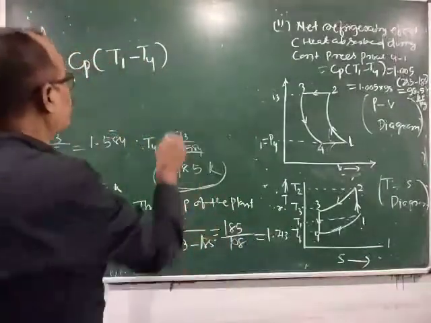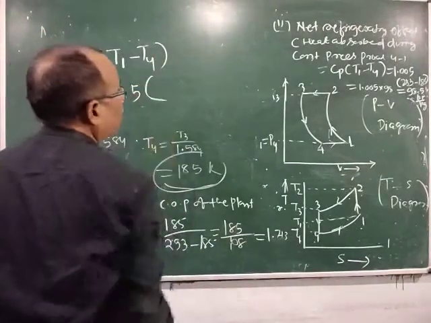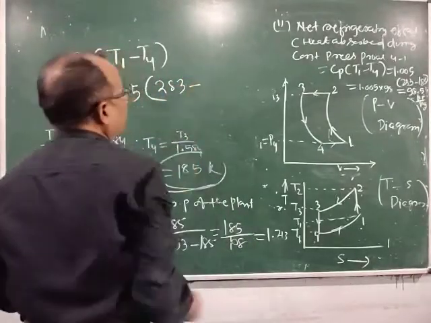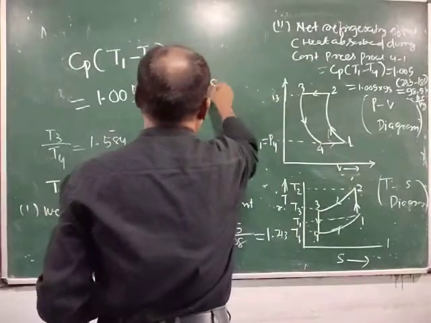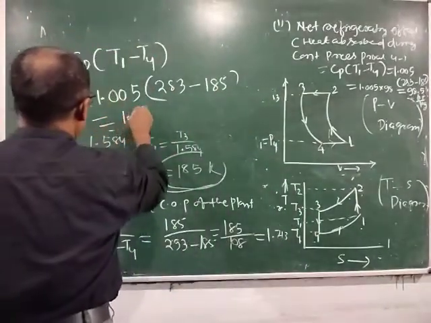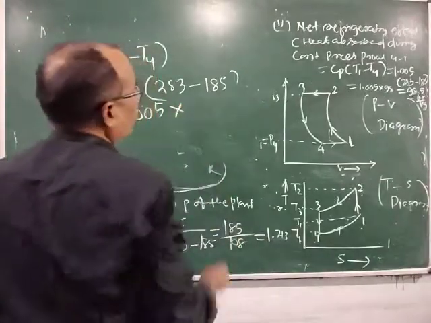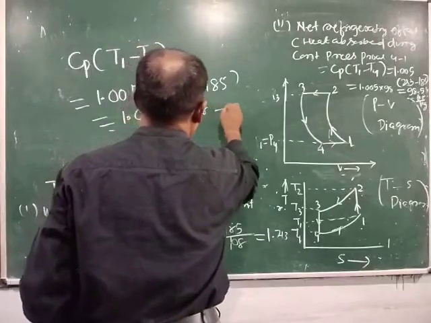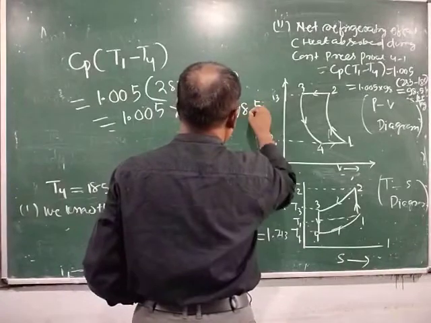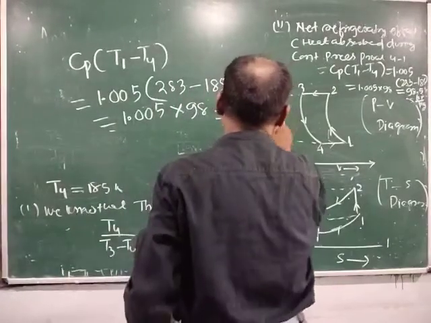Putting all the values, Cp is equal to 1.005, T1 is equal to 283 minus T4 is equal to 185, is equal to 1.005 into 98, is equal to 98.5 kilojoule per kg.